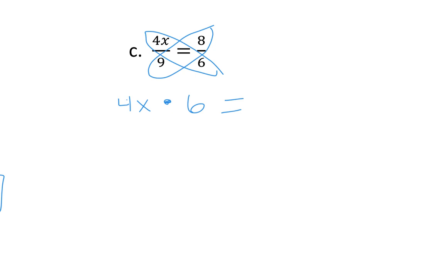It doesn't matter. 8 times 9. Sorry, I'll write it as the dot times 9. Okay, so I grabbed each part, I multiplied it together. 4x times 6 and 8 times 9 is what you should have on each side of the equation.